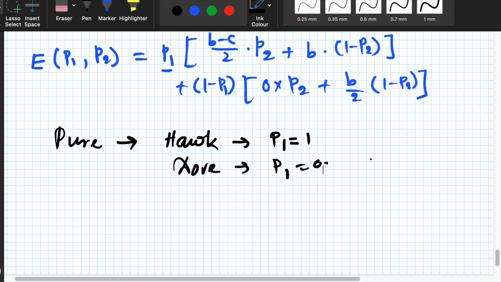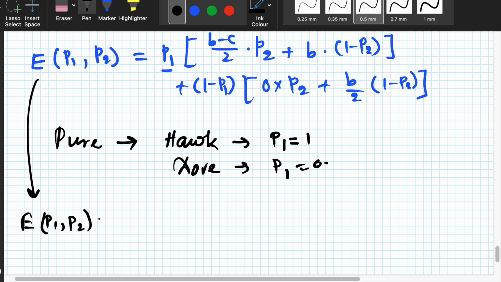Now let us check what the ESS is in this example. So first let me calculate this E(p1, p2).